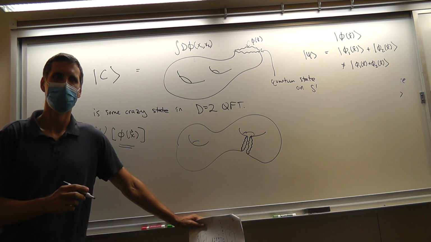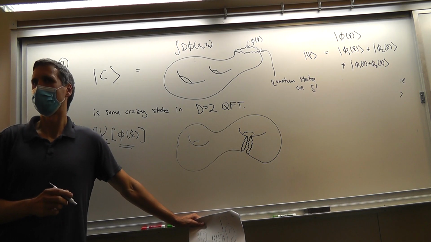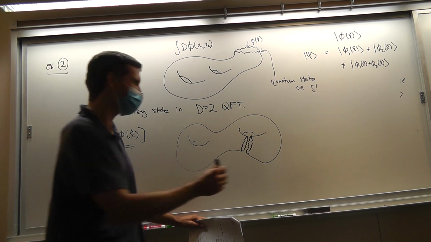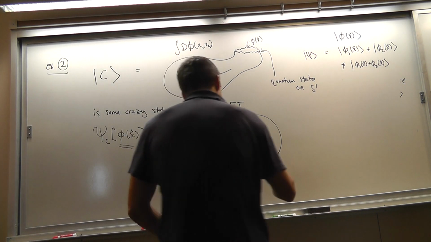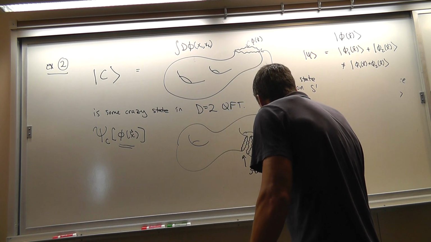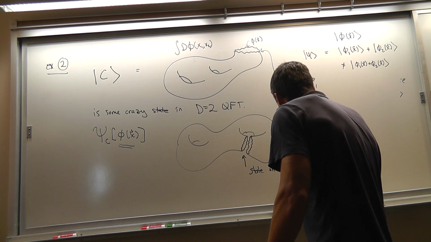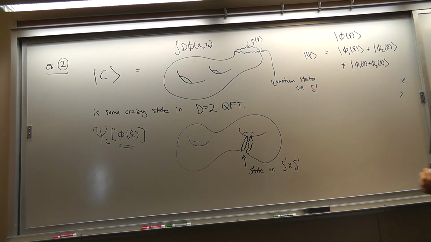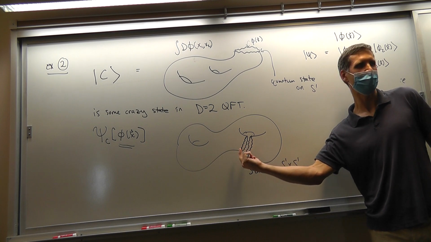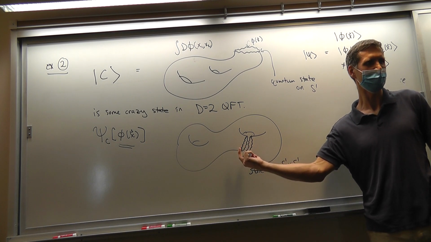instead of one. Okay, and well, I guess you could call this either a state in two copies of the theory. Because you have to specify two boundary conditions to be able to finish this path integral.